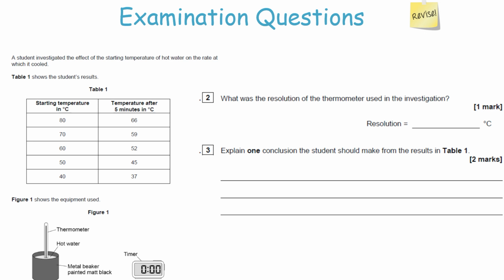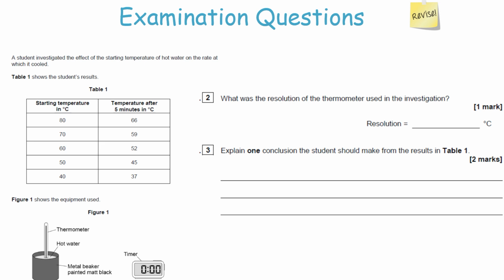Right, so you can always determine the resolution of the thermometer or any measuring device used in the investigation by looking at the last decimal place in which the quantity is measured to in the table. Now, you'll notice that it's not measured to any actual decimal places, so we're looking at just a whole number.